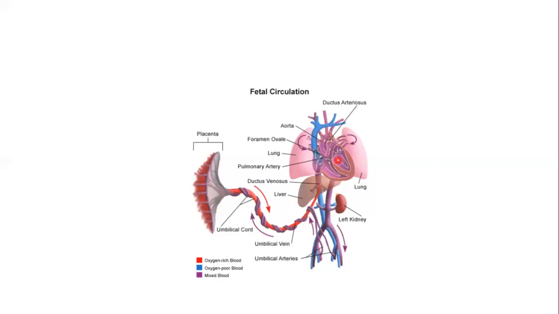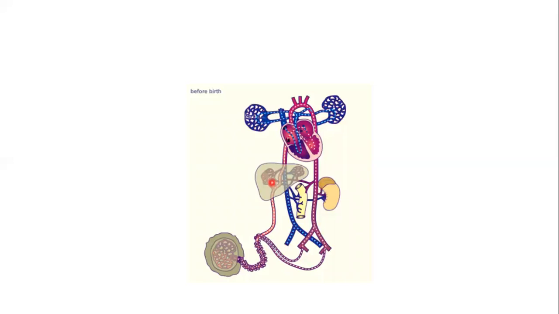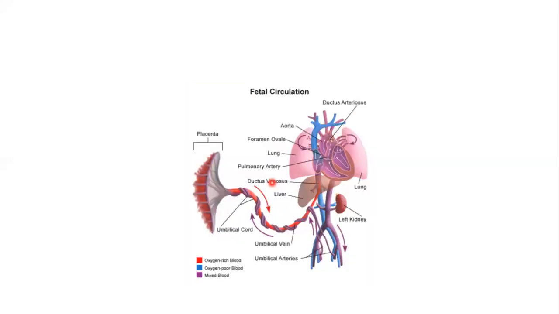And then you have to know that if these shunts remain open, the baby is going to have congenital problems. For example, if the ductus arteriosus remains patent, the baby has a congenital condition known as patent ductus arteriosus. So those are the five changes that will happen after the baby gets born.